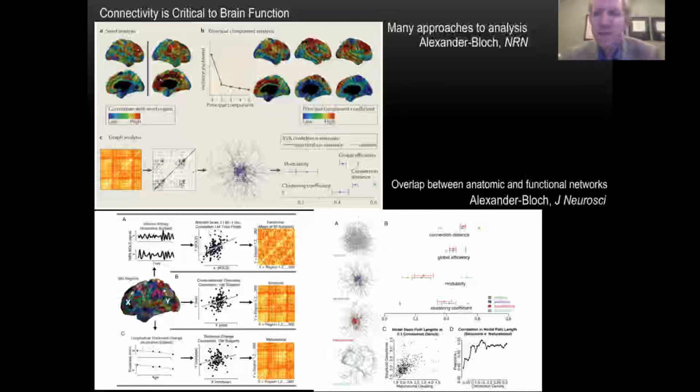This is just some examples, at the top, of different ways to analyze multivariate problems in the brain. One way to look at connectivity is to use a seed region, where you have your favorite region, and you basically measure its relationship to all other brain regions. So at a very fine scale, you can see very fine patterns in relationship with that one seed, and you can actually do that for multiple different seeds.